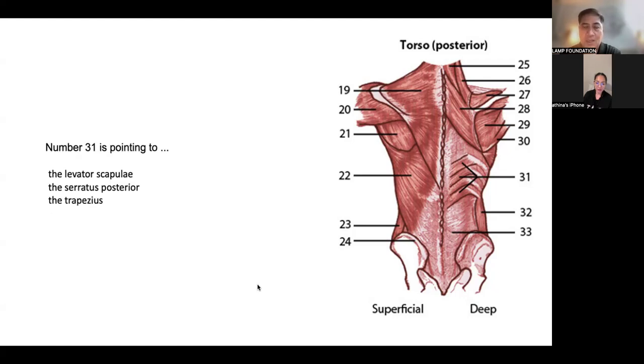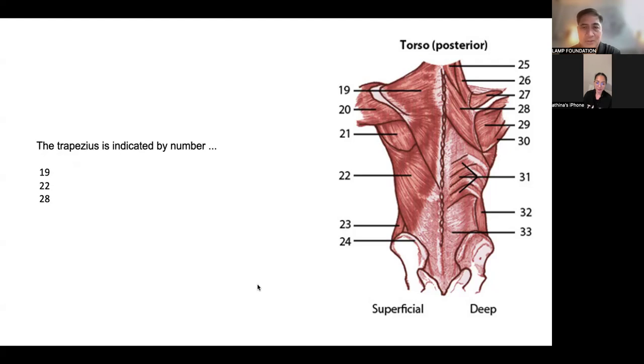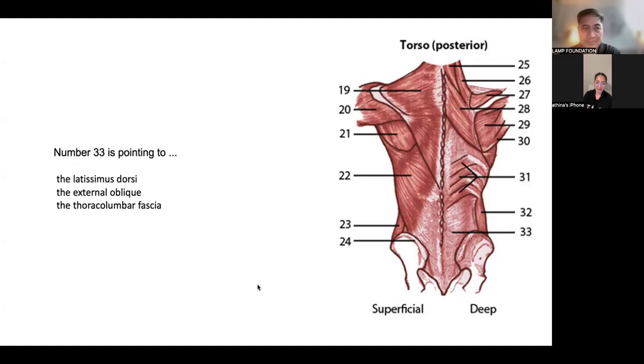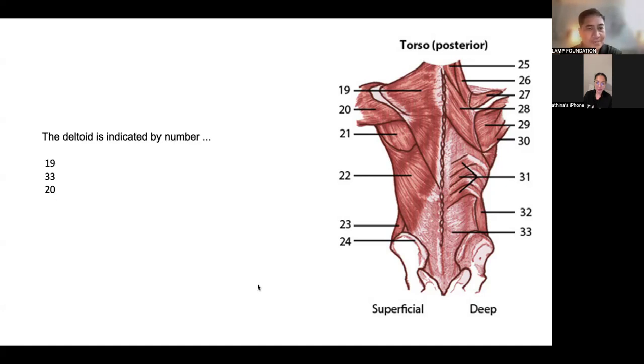Number 20, that is the deltoid. Trapezius, that's 19. Number 33, that is the thoracolumbar fascia. Number 23, that's the external oblique. Deltoid, that is number 20.